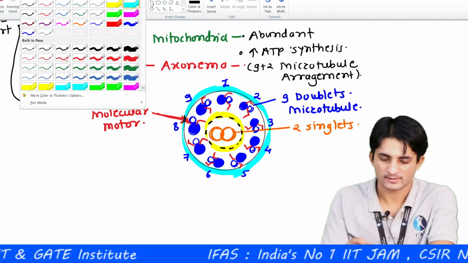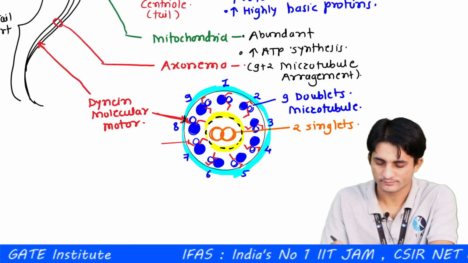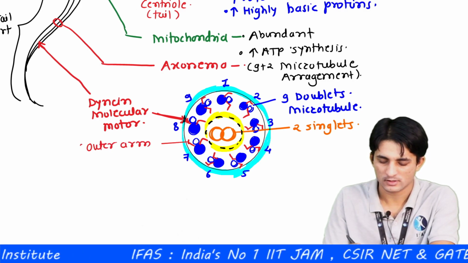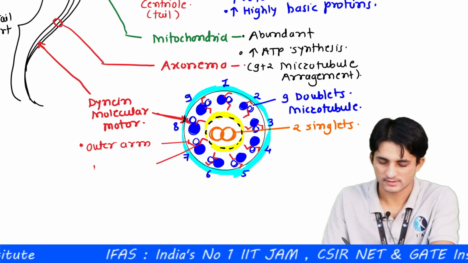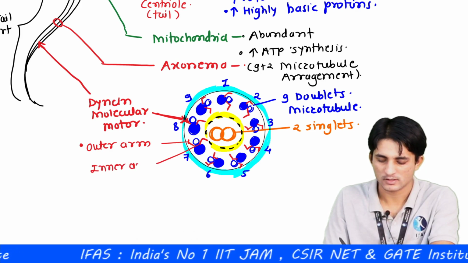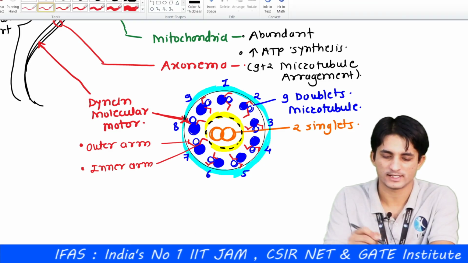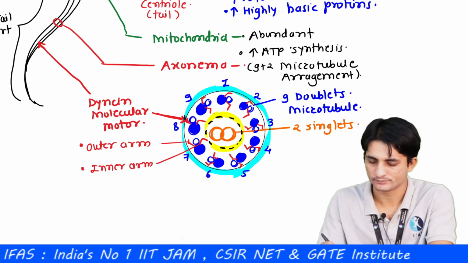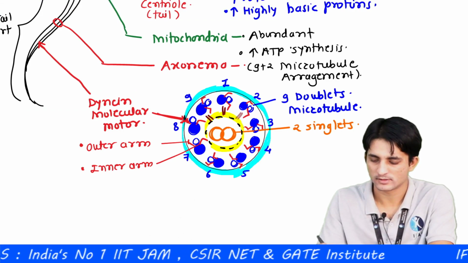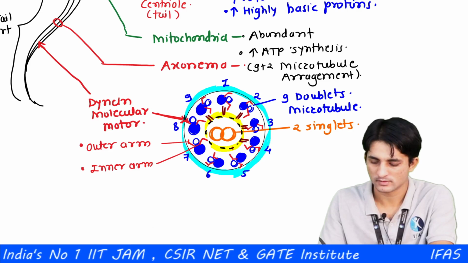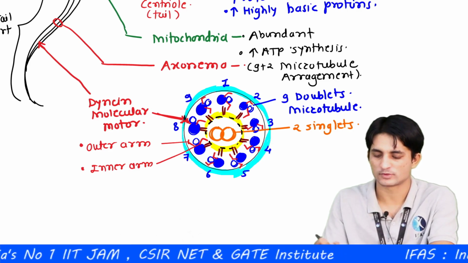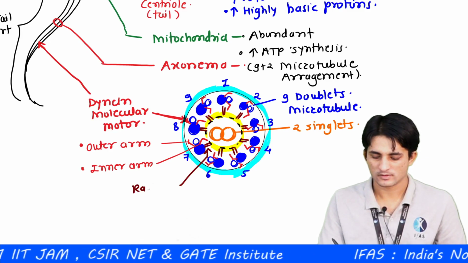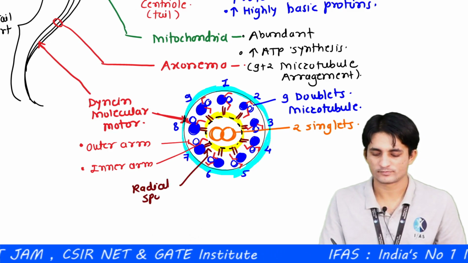So this is the outer arm of the dynein motor, and this is the inner arm of the dynein motor. In between there is the presence of radial spokes. So these are the radial spokes.